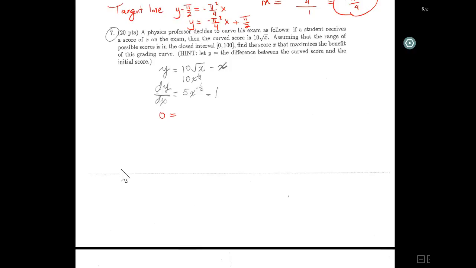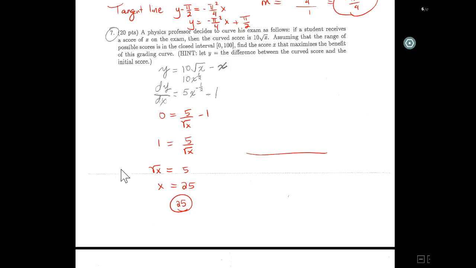So let's see what we get here. It's going to be 5 over root x minus 1. So if I add 1, root x equals 5, so x equals 25.